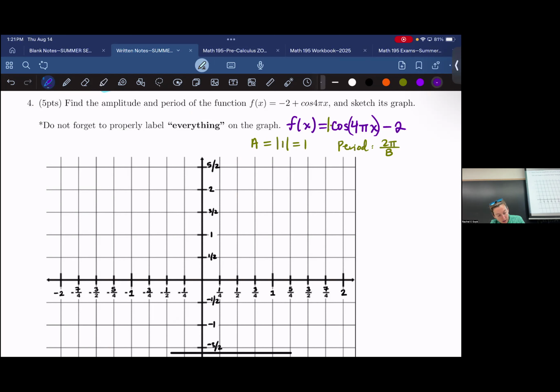So our B value is just 4 pi, which means if we plug this in, and it's absolute value of B in the denominator, we get 2 pi divided by the absolute value of 4 pi, which is just positive 4 pi. And then the pi's cancel out, and then 2 over 4 can be simplified to just your period being 1/2.